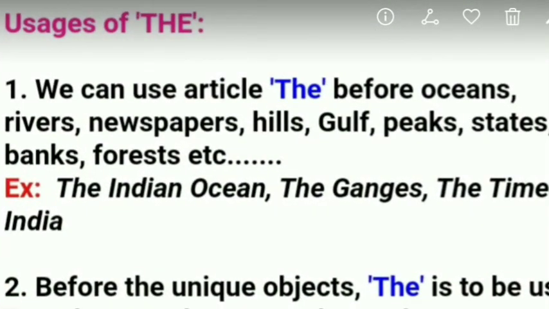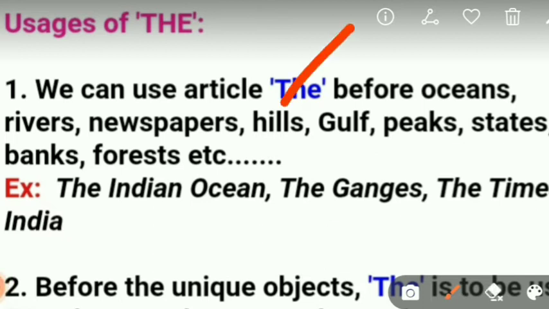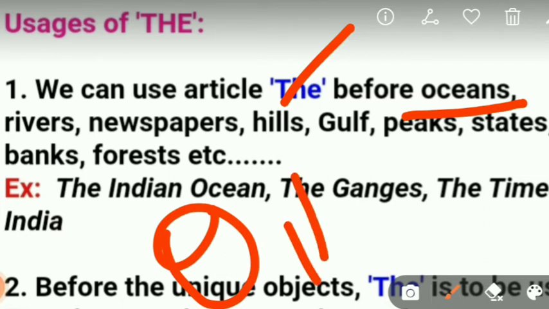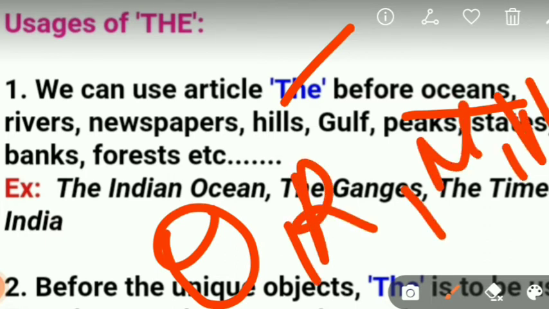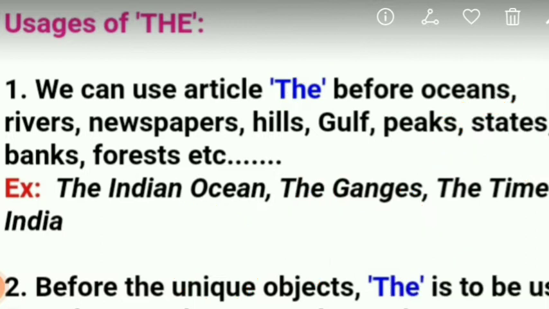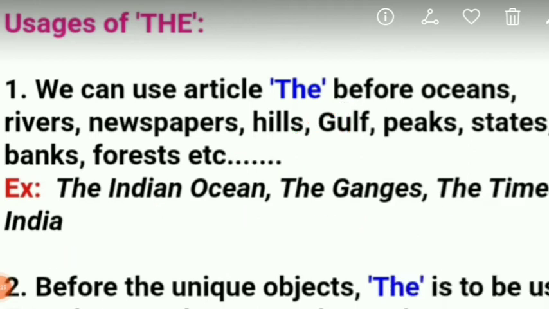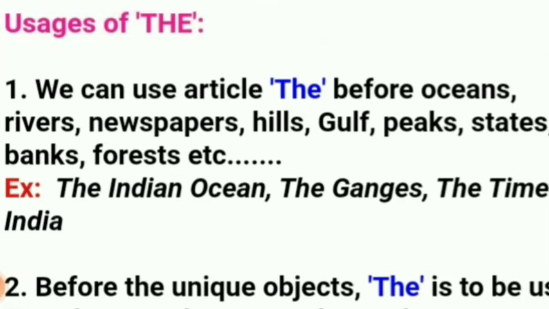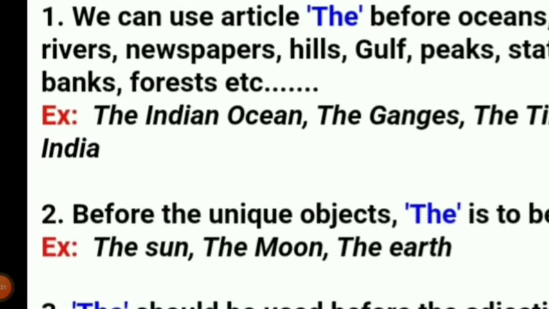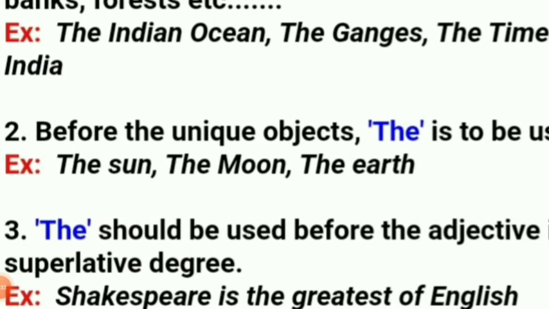Next, when we go to the usages of the, we can use the article the before oceans, rivers, newspapers, hills, gulfs, peaks, states, banks, forests, etc. The Indian Ocean, the Ganges, the Times of India: this is a newspaper, this is a river, and this is an ocean. Before unique objects like the earth.